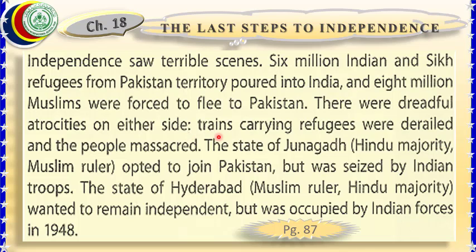The trains were also looted, the refugees on the trains were also killed, and women were also killed, and some women were taken alive by the Sikhs and the Indians.